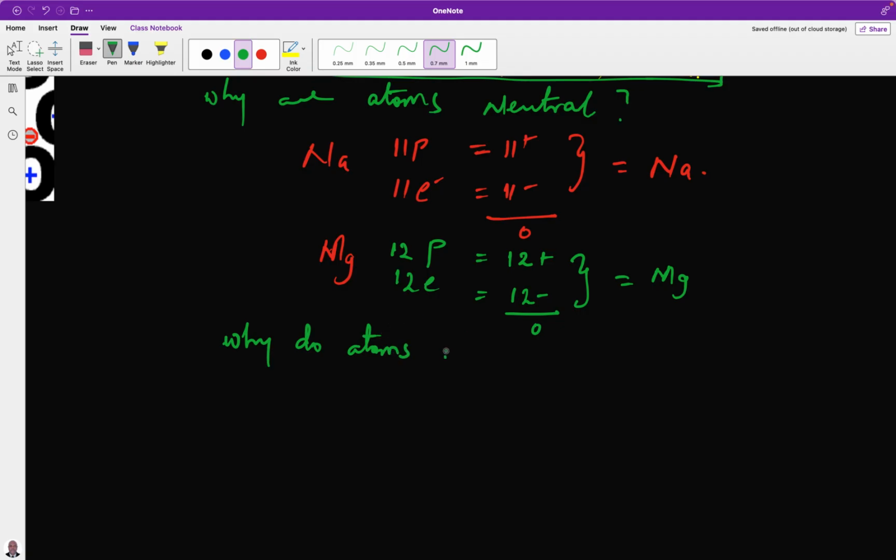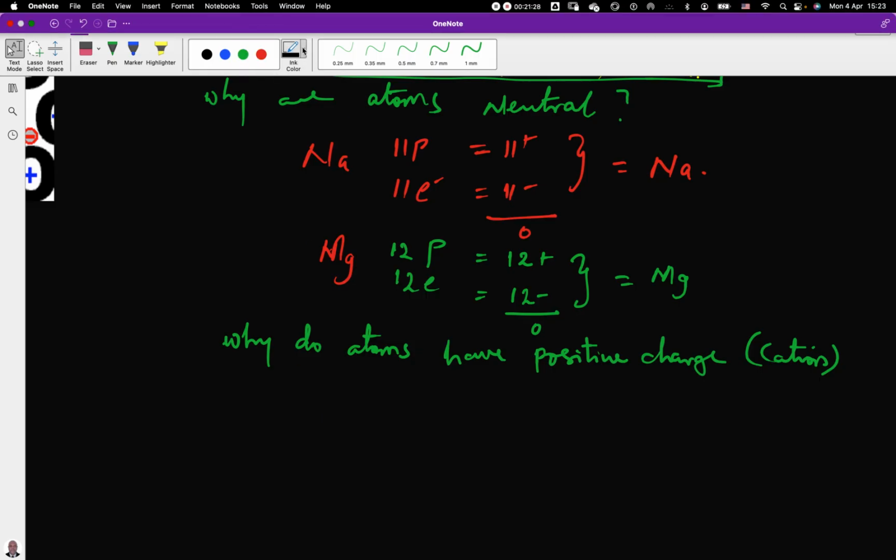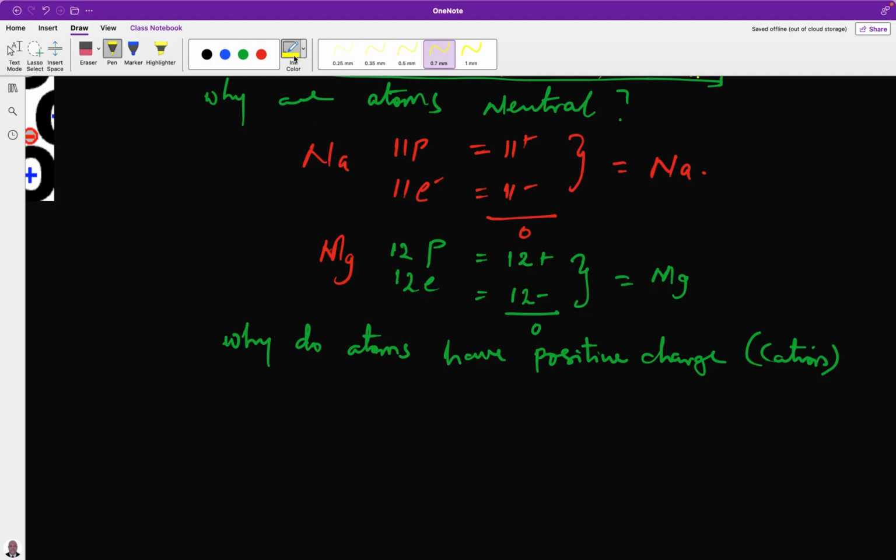The simple answer is that atoms form cations because they have more protons than electrons.